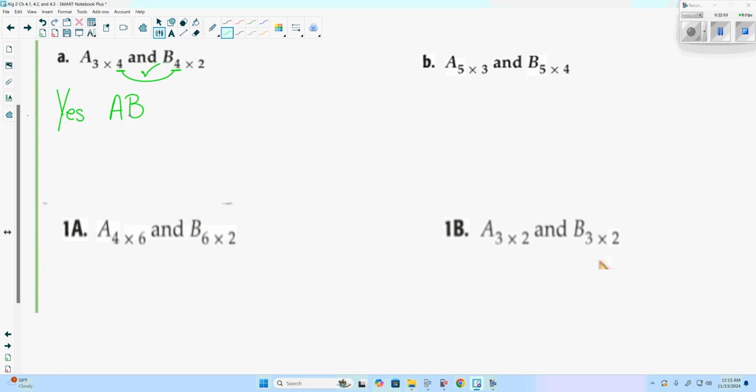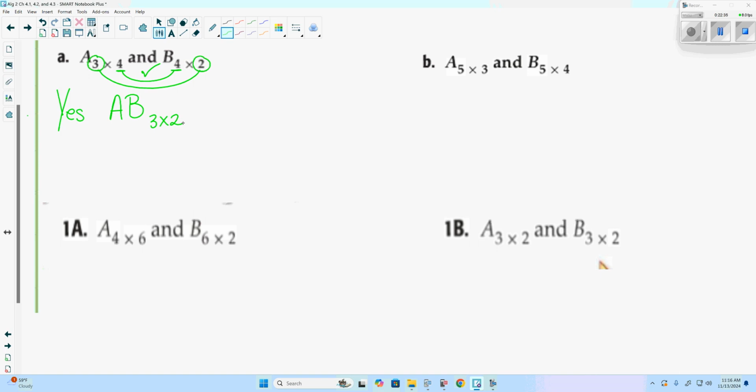Now our product of A times B, the new dimensions, will be the rows of the first by the columns of the second, which would be a 3 by 2. So we multiply a 3 by 4 by a 4 by 2. Our new product will be a 3 by 2. Questions on the first one here?